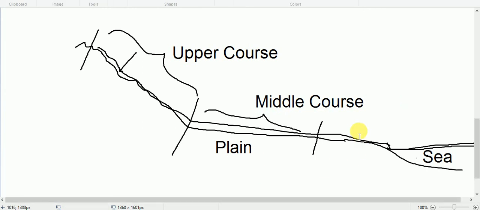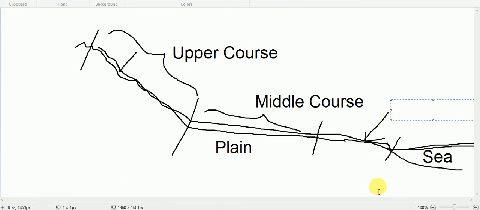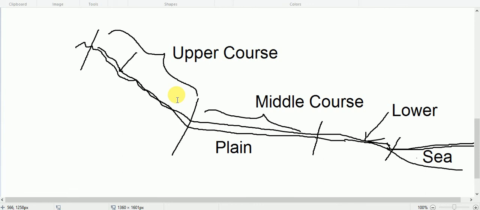And at the mouth, when a river enters the sea, this section is known as lower course. Lower course refers to the mouth of a river, that is the place where the river meets the sea is known as the mouth, and nearby the sea it is known as lower course. So these are the three courses of a river.